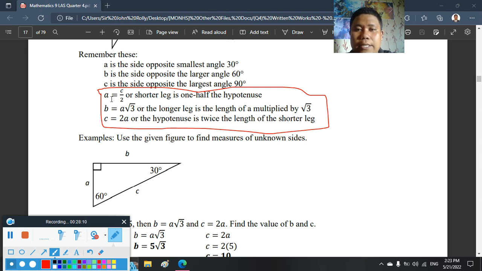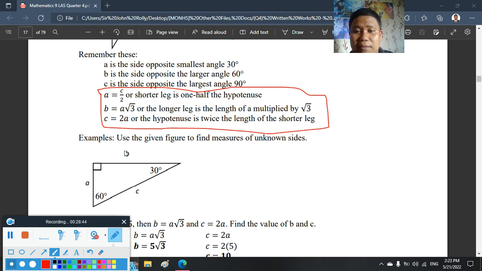B equals A the square root of 3, or the longer leg is the length of A times the square root of 3. Then C equals 2A, or the hypotenuse is twice the length of the shorter leg.